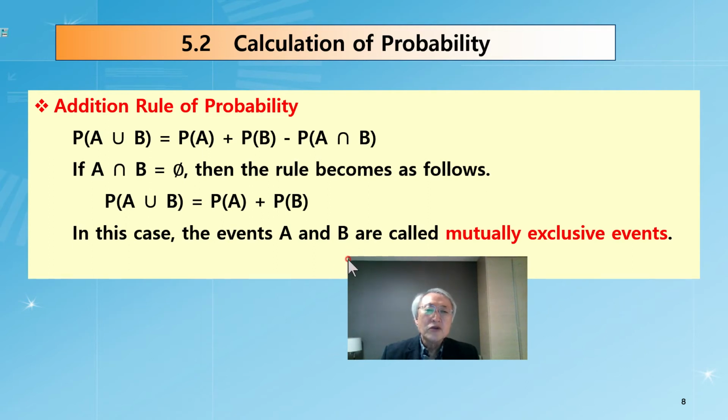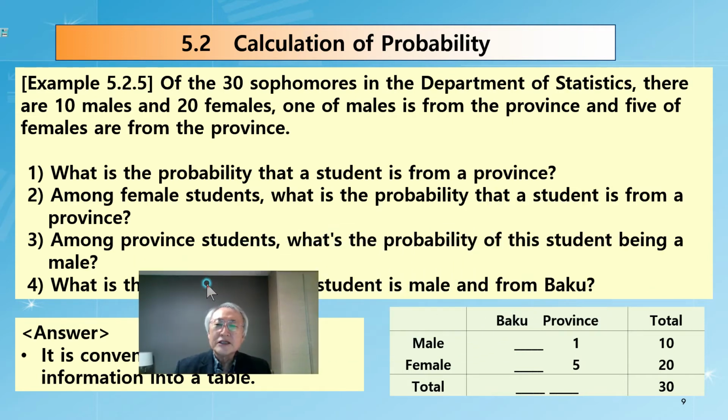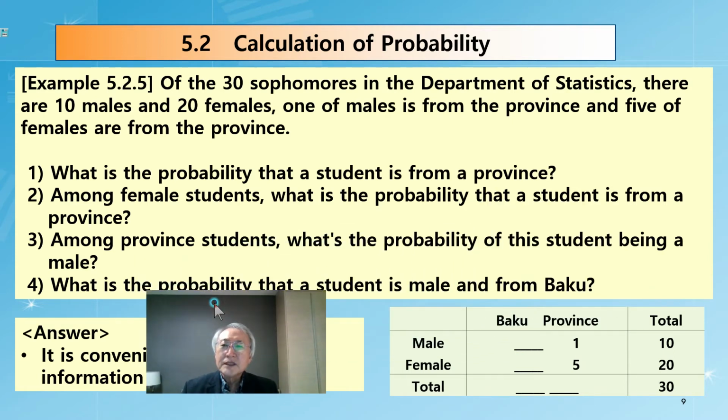If there is no intersection event, we call events A and B mutually exclusive. Well, this rule is used a lot in statistics. Let's consider another simple example. Whenever you consider the addition rule, think about taking statistics or economics like that.